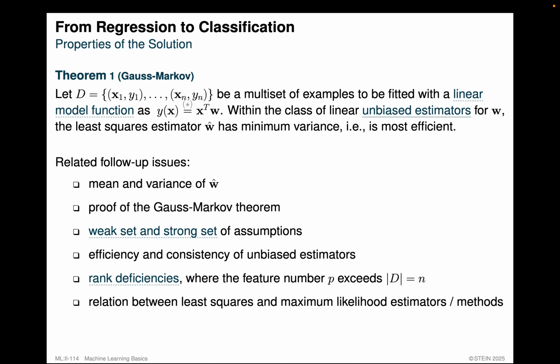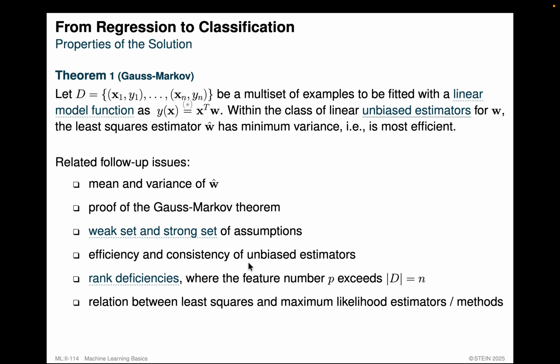I will not prove this to you, but there are certain related and follow-up issues. What is the mean and the variance of the parameter vector? So it is definitely something that is to be considered given the data that we have. There's actually the set of the weak and the strong assumptions, which I didn't go into. You will find that on the remark slides earlier.